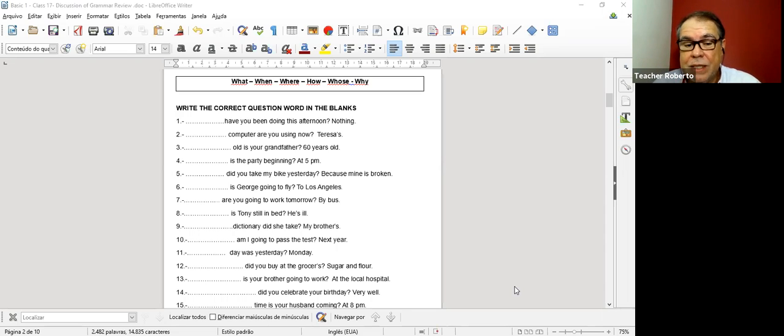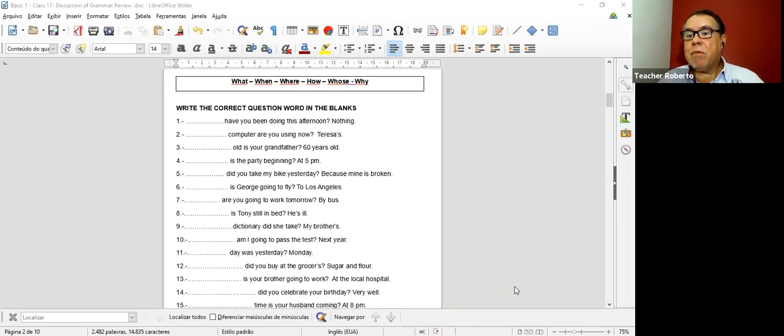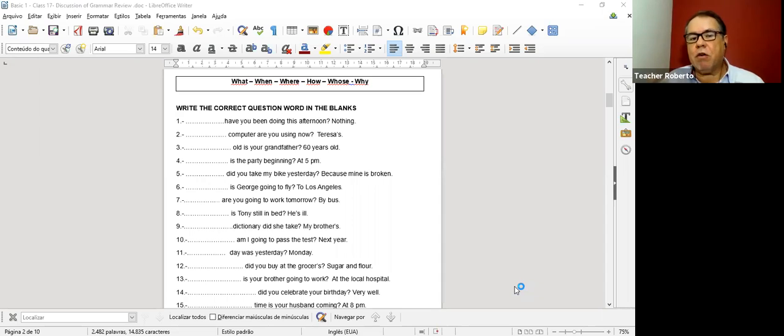Number 7. Are you going to work tomorrow? The answer is by bus. So what's the question? How? Every time you want to know about the means of transport, you use how. Like, how do you go to work? You can say by car, by bus, by subway, by underground.